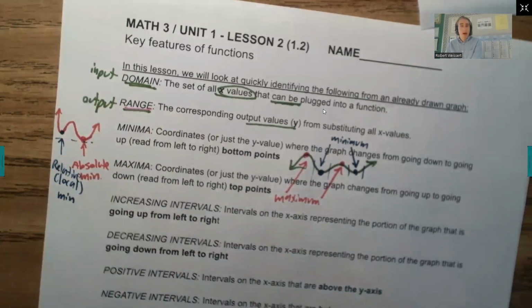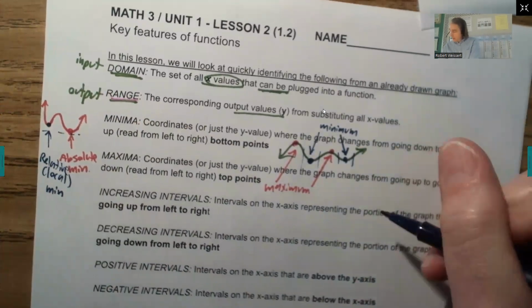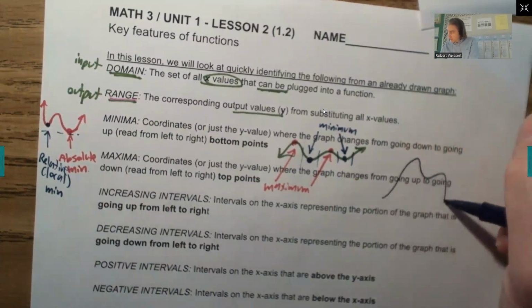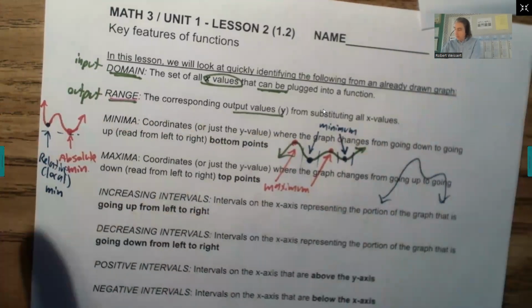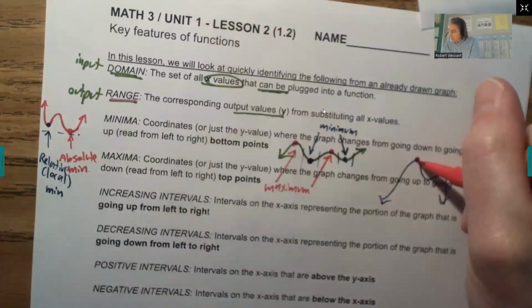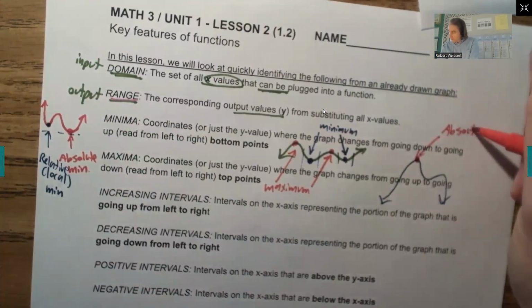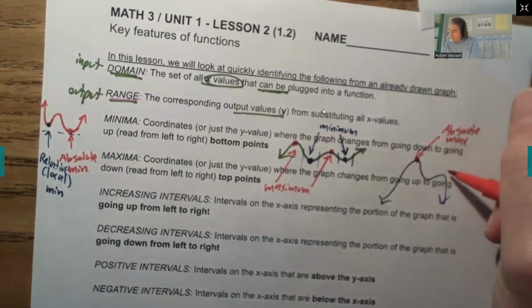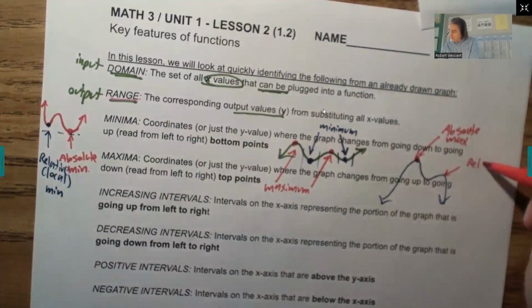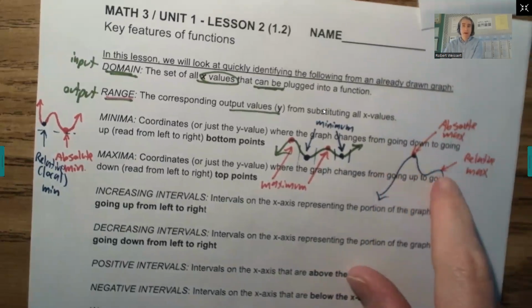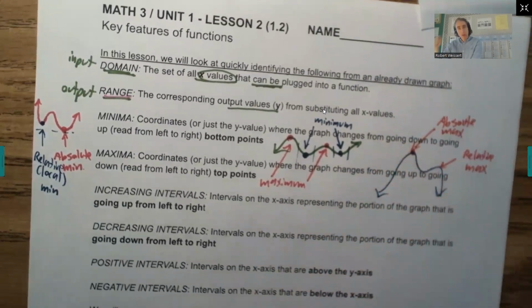The same thing can apply for maximums. If I draw a graph that looks like this, this would be considered an absolute maximum, whereas this one's simply a relative or local maximum. This is the very highest maximum, and this is a maximum, but there is a higher spot. Not every graph has an absolute maximum.